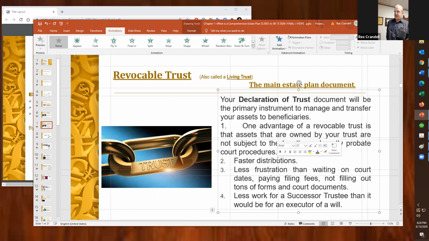You have faster distributions from a trust than having a probate, and there's a lot less frustration and fees and filling out all kinds of forms. You know, some people think that attorneys like to do probates. They're a real nightmare in terms of the volume of paper and the details that you have to fill out in order to keep the case processing.